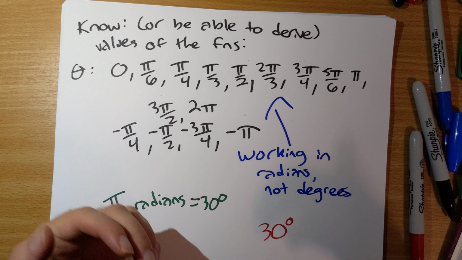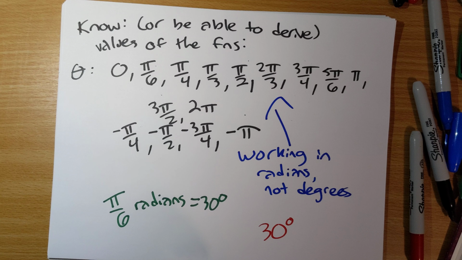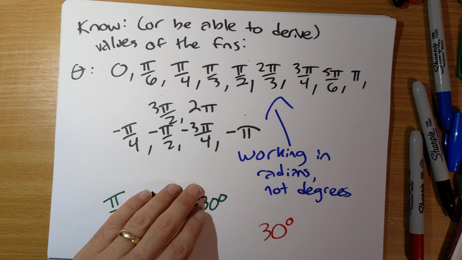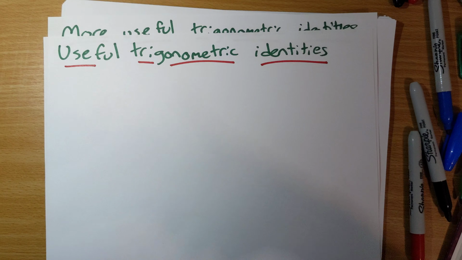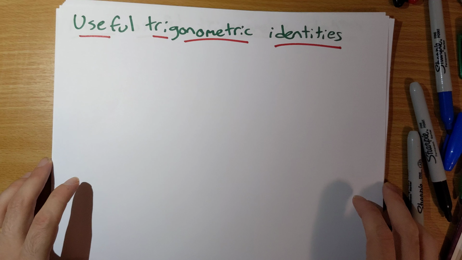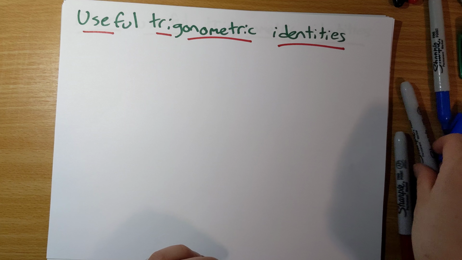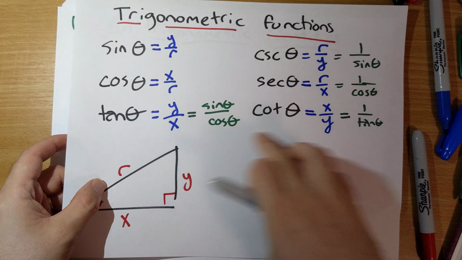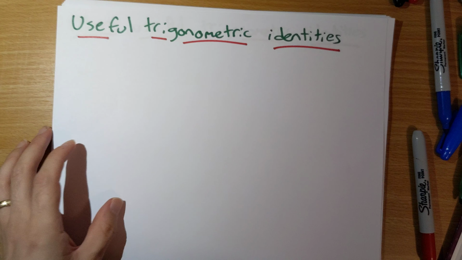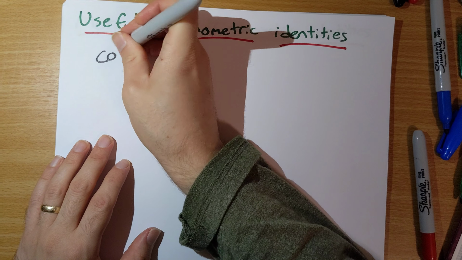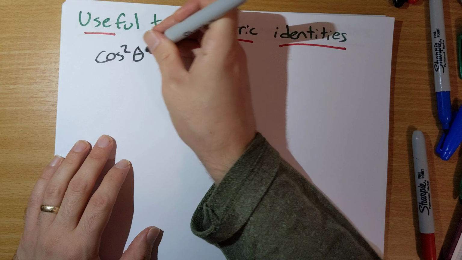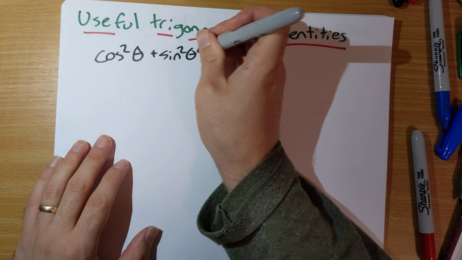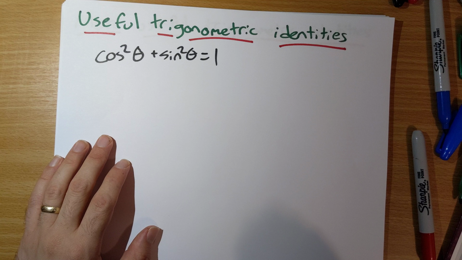There's a lot of identities that are useful to know. It is good to have these handy. So maybe the most fundamental one, well, I already talked about the relationships on this slide here, but probably the single most important one is cosine squared theta plus sine squared theta is equal to 1.